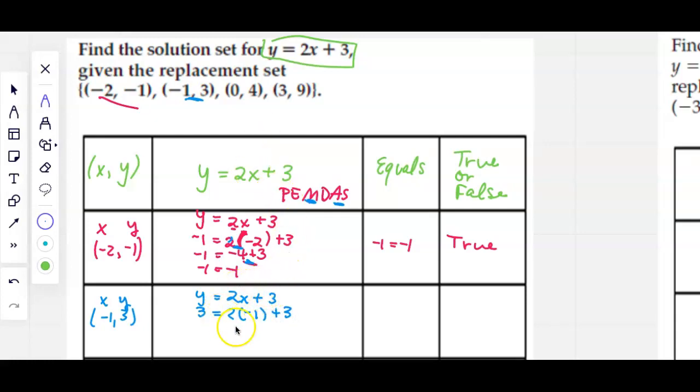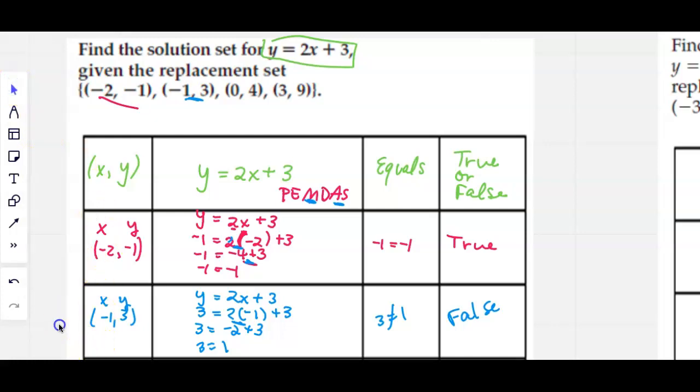Multiplication has to happen first. So 2 times -1, and your 3 drops down. 2 times -1 is -2. Drop down your plus 3. And now lastly, we do -2 plus 3, which is 1. So we got 3 equals 1. 3 does not equal 1, so that is false.